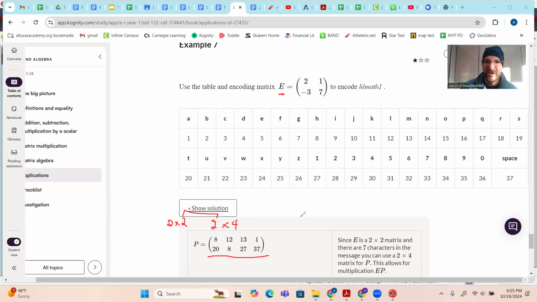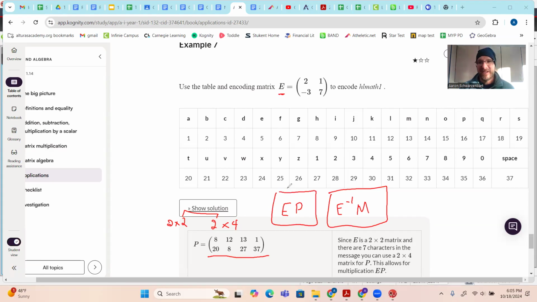Okay. We always left multiply by the encryption matrix. And then when we want to undo, we left multiply by the inverse. Okay. So we're always going to be left multiplying. Otherwise, the dimensions don't work. Okay. That is 1.14.5, applications of matrices.